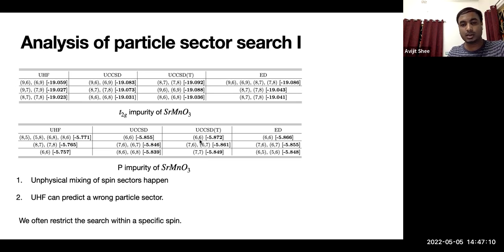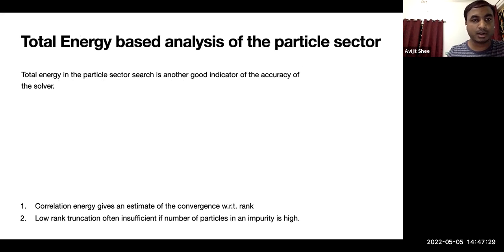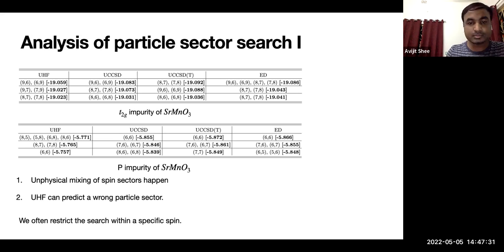That is, we keep the number of alpha and beta electrons the same, so that we do not search through a very large space, and that sort of guarantees that we reach the right particle sector. So this behavior one should be aware of.